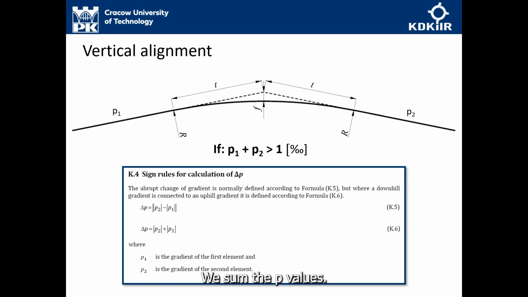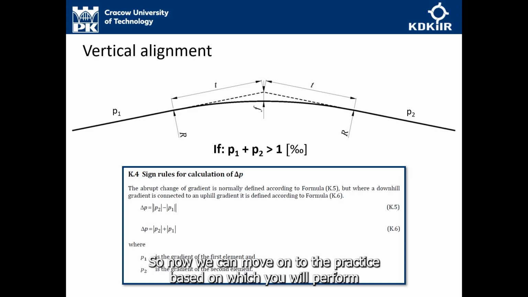We sum the P values. In the other case, we subtract the two parameters. And also, we must remember that the upper limit is 1 millimeter per meter. And this is the whole design of vertical alignment. It leads to the design of track gradient and possibly of designing the vertical circular curves.